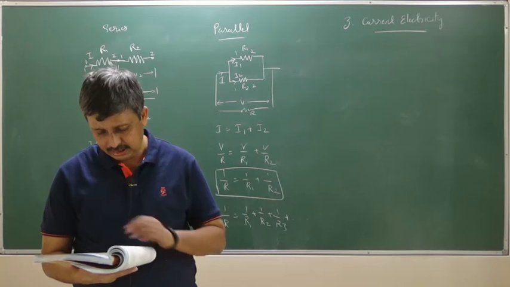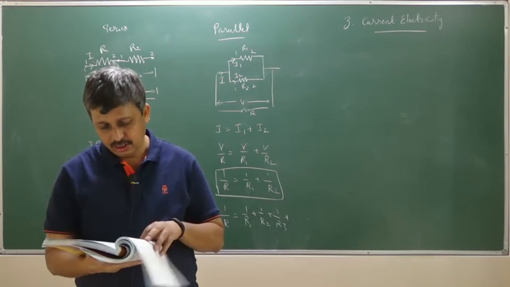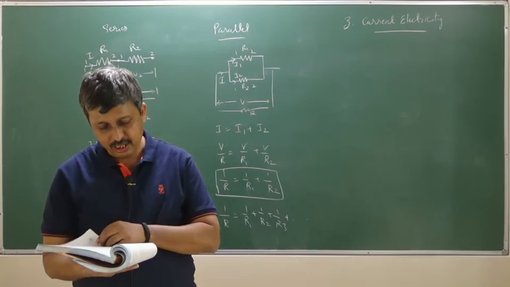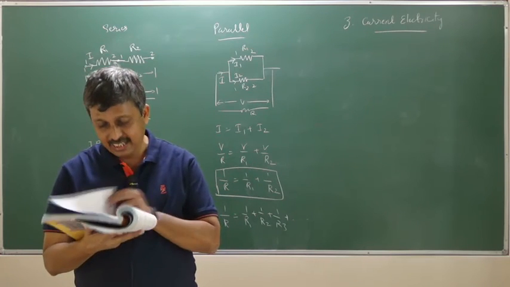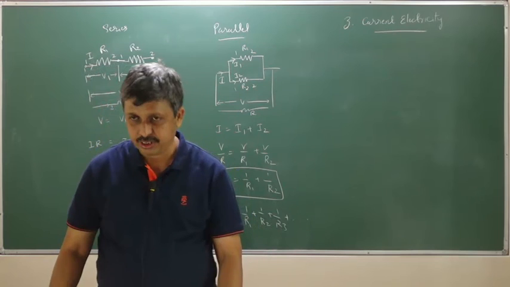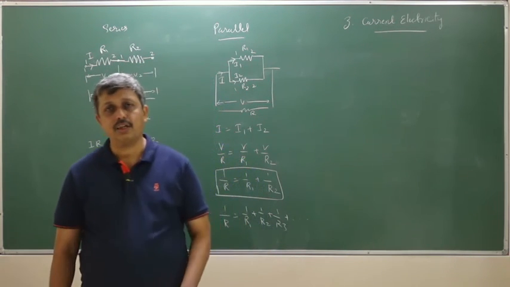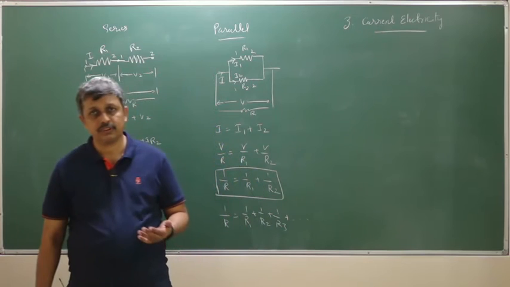Once you understand resistances in series and parallel, it is possible to look at what will happen if the resistances have both series and parallel connections. How do you deal with them? We will do some problems on that when we go into live sessions.